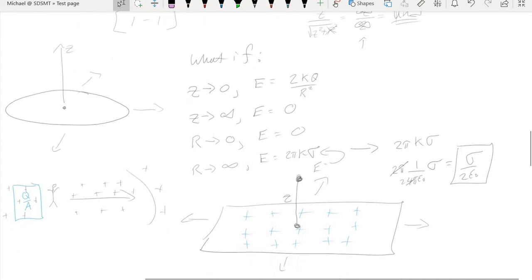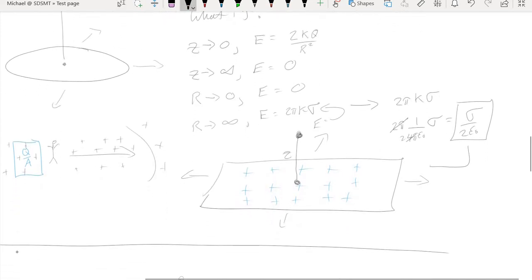This is actually very, very interesting, because there's absolutely nothing left in terms of the geometry of the system. There's no radius, there's no z value, there's nothing. Everything has broken down to just a combination of charge density sigma and permittivity with epsilon naught.